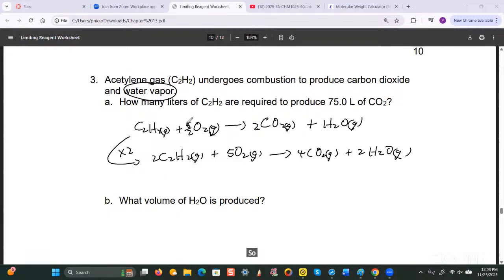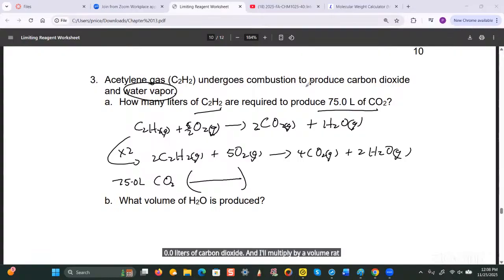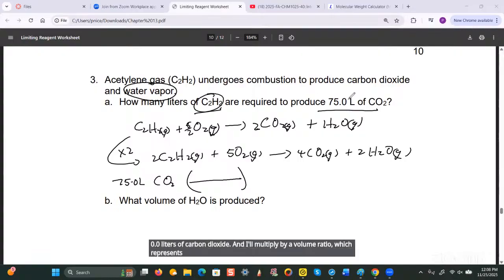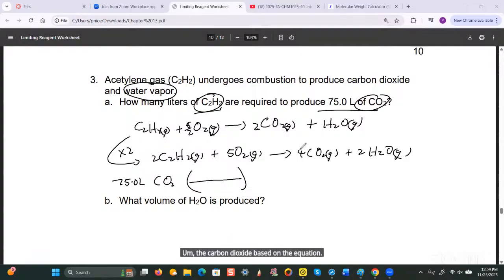So the question is asking how many liters of C2H2 are required to produce 75.0 liters of carbon dioxide. Then what we will do is start off with the 75.0 liters of carbon dioxide, and I'll multiply by a volume ratio, which represents the relationship between C2H2 and the carbon dioxide based on the equation. So we have a coefficient of 4 for the carbon dioxide, we have a coefficient of 2 for the acetylene.